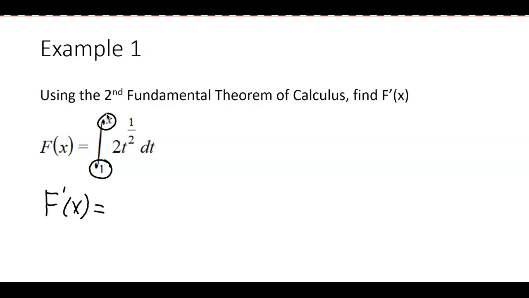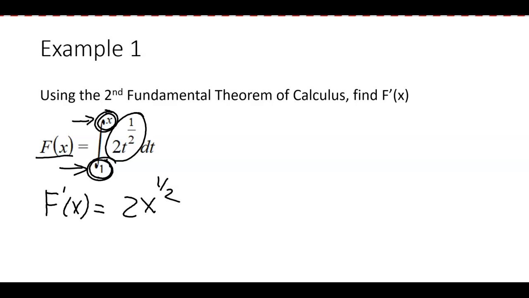If you have just a constant down there and an x up there, then the derivative of this function will be just what you see right there, but with an x instead of a t. That's it. Okay? So that's simple. But it only works if this is a constant and this is just an x. Now tomorrow we're gonna mess with these a little bit, and you'll see some changes that causes. But not tomorrow, Thursday. But if it's 1 and x, then this is how you do it.